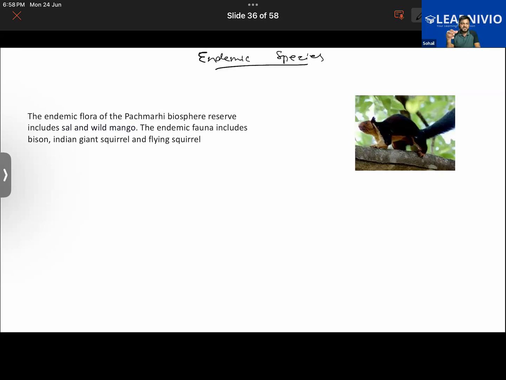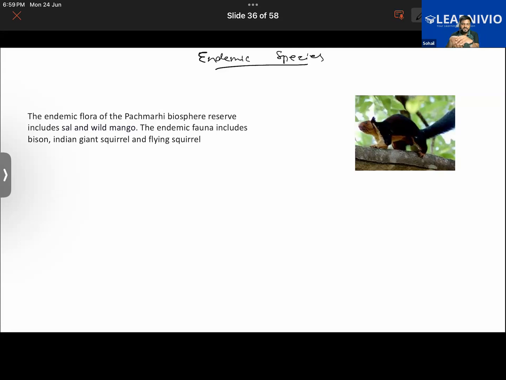So these endemic species are restricted to a certain area. And endemic species are not found naturally anywhere else in other areas. Getting it? Meaning that these plants and animals would be found in a particular area only, and then they are being called as endemic to that area.